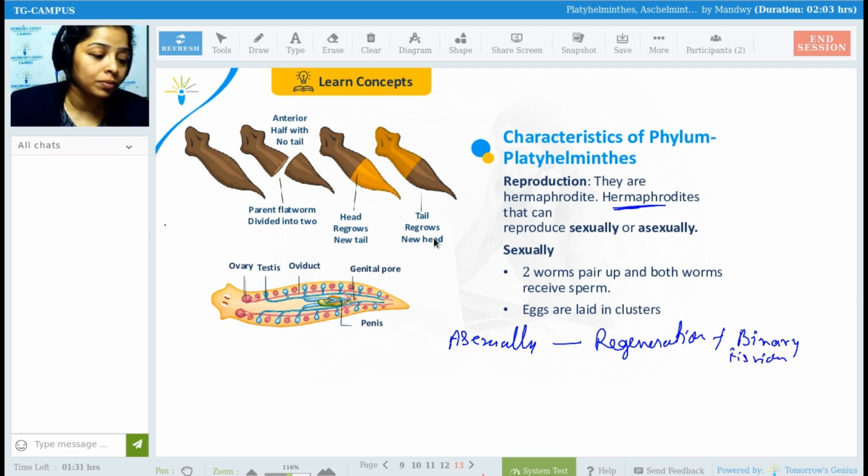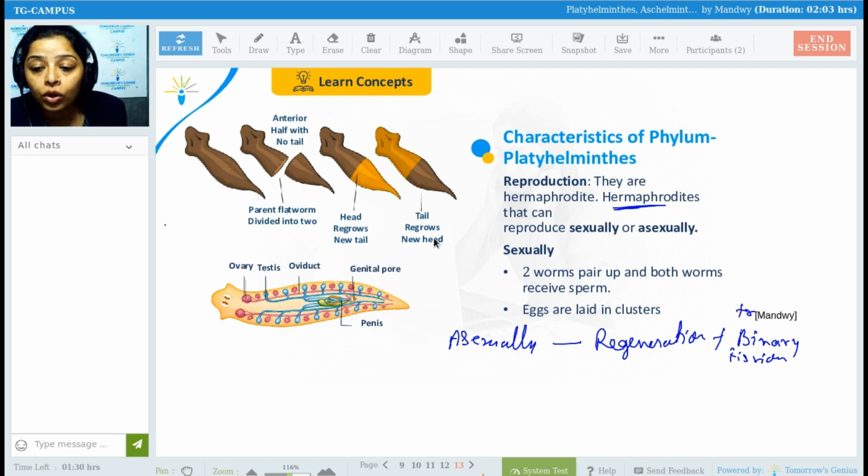What type of binary fission? Transverse. There are two types of binary fission, longitudinal and transverse. So they can reproduce through transverse binary fission.